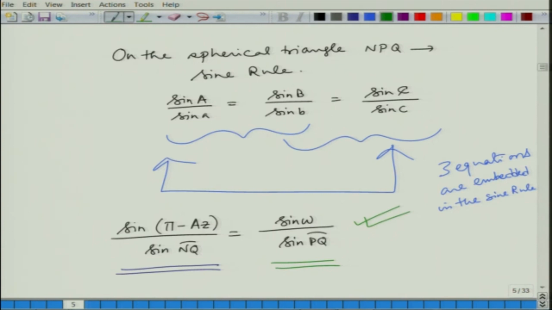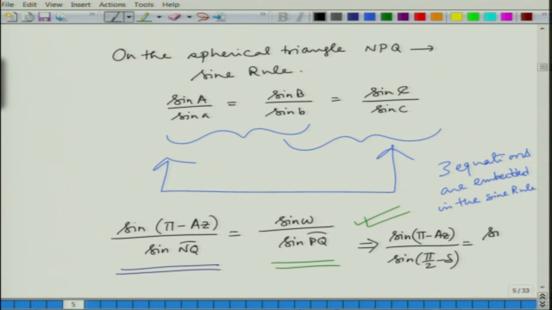Okay. So, if this is true, then we can simplify this, or we can put the values: pi minus az, and NQ is nothing but pi by 2 minus delta. Again you go back to the figure and ensure that you follow why I wrote NQ equal to pi by 2 minus delta.